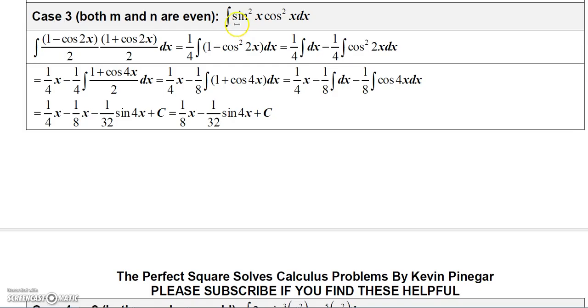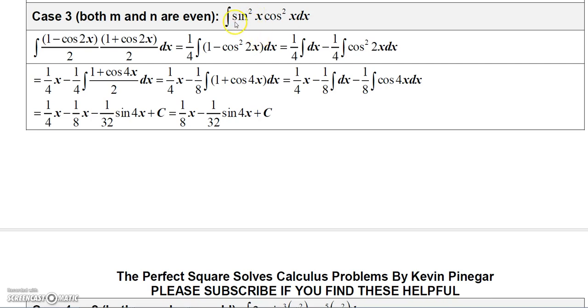Okay? On this one, I'm just giving you sine squared x times cosine squared x. Now, if these were raised to higher powers, you would still do the same thing as long as they're both even, but you would have to do more algebra in simplifying the expressions.